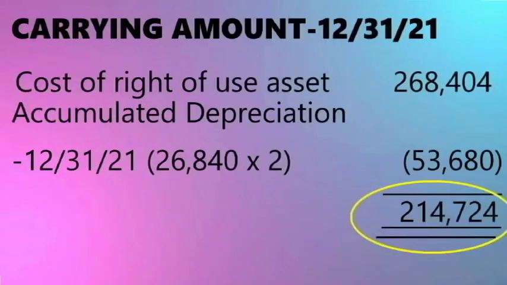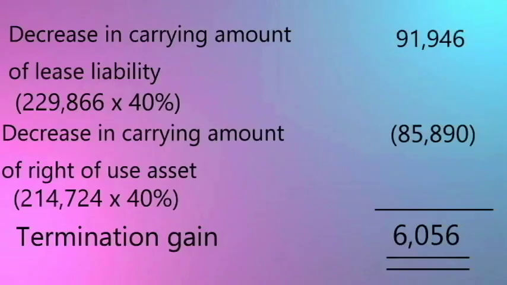Pangalawa naman, yung decrease in carrying amount of the right of use asset. So, sa unang step, nakuha na natin yung carrying amount as of December 31, 2021, which is 214,724. So, ayun yung ita-times natin sa 40%, which is the reduced from the scope of the lease. So, 214,724 times 40% is equals to 85,890.